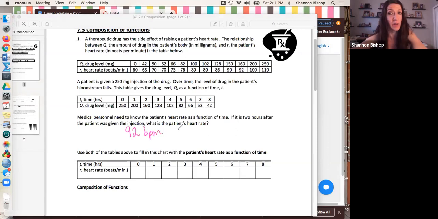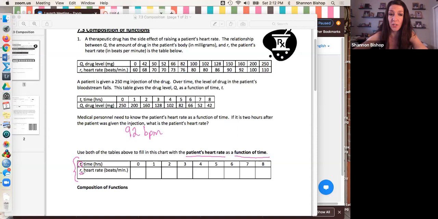Okay, well now that you've kind of thought it through, how could we use those tables to fill in this table right here, which is going to be the patient's heart rate as a function of time. So notice the output variable here is the heart rate and the input variable here is time.